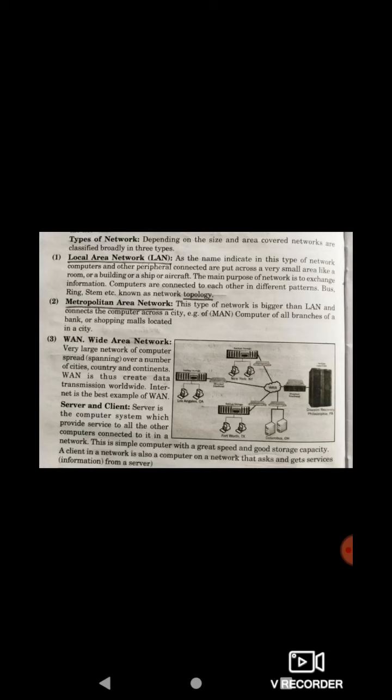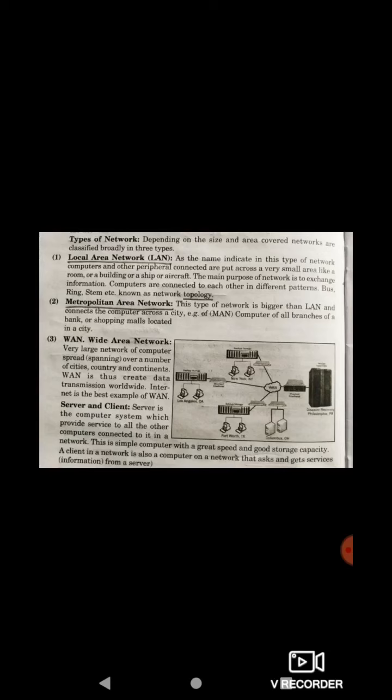As the name indicates, in this type of network, computers and other peripherals are connected across a very small area, like a room or a building or a ship or aircraft. The main purpose of the network is to exchange information. Computers are connected to each other in different patterns: bus, ring, star, etc., known as network topology.